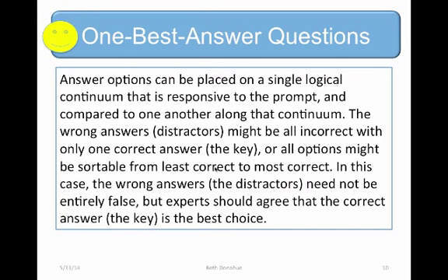But you can also have one best answer questions where the options are basically sortable from least correct to most correct. And in this case, the wrong answers need not be entirely false. But if you were to ask experts in the field, they should all agree that the correct answer is the best of the stated alternatives.